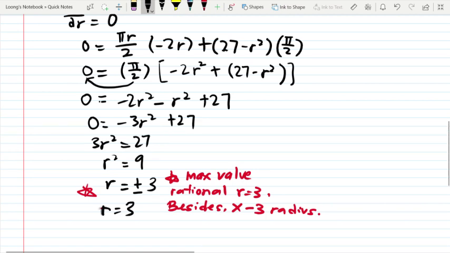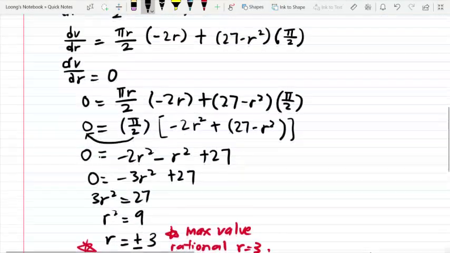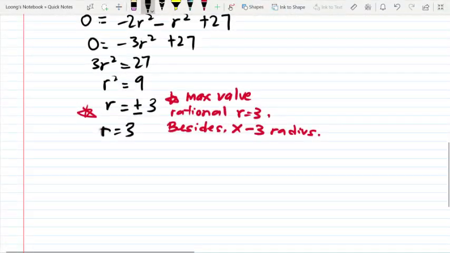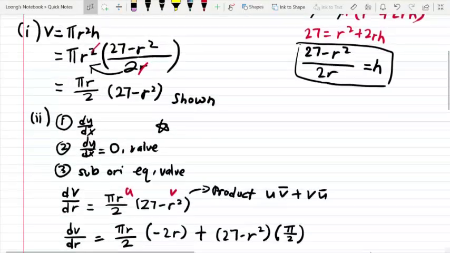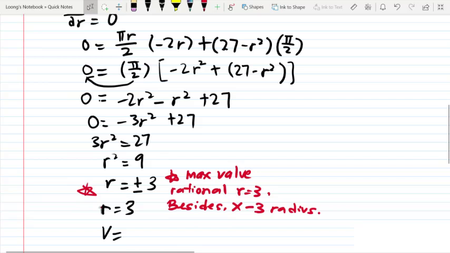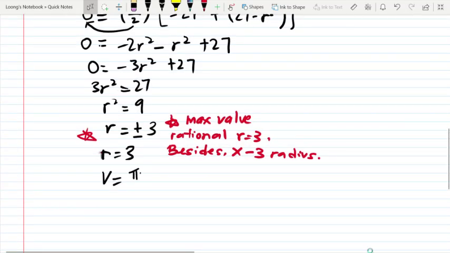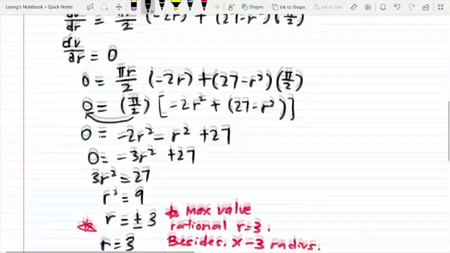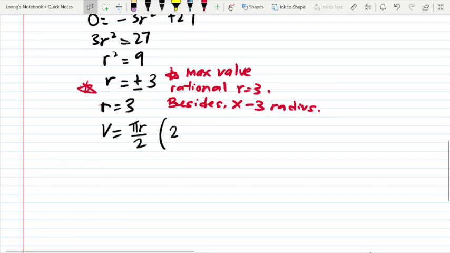And then we could sub it into the original equation. The original equation is V equals πr over 2 times (27 minus r²).